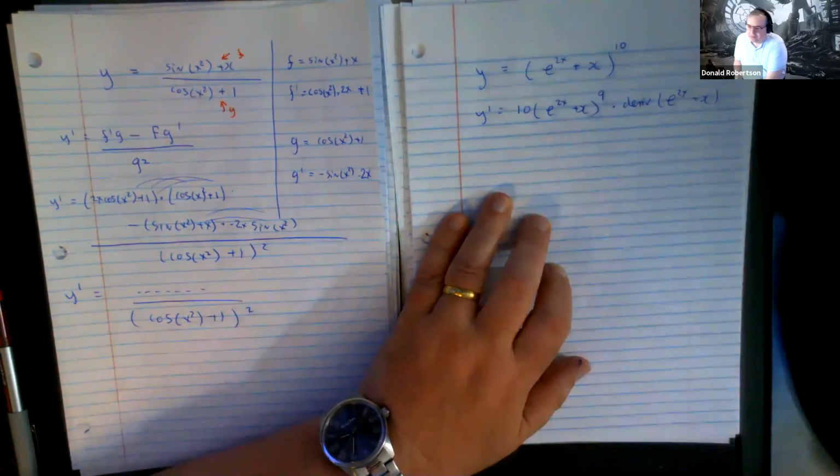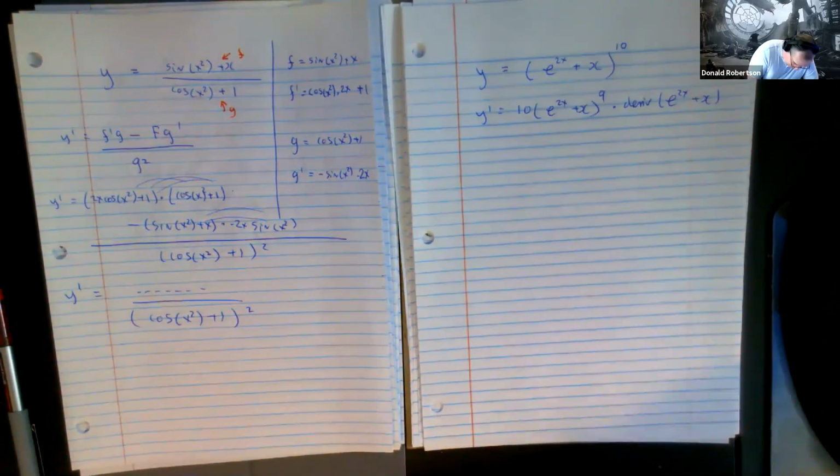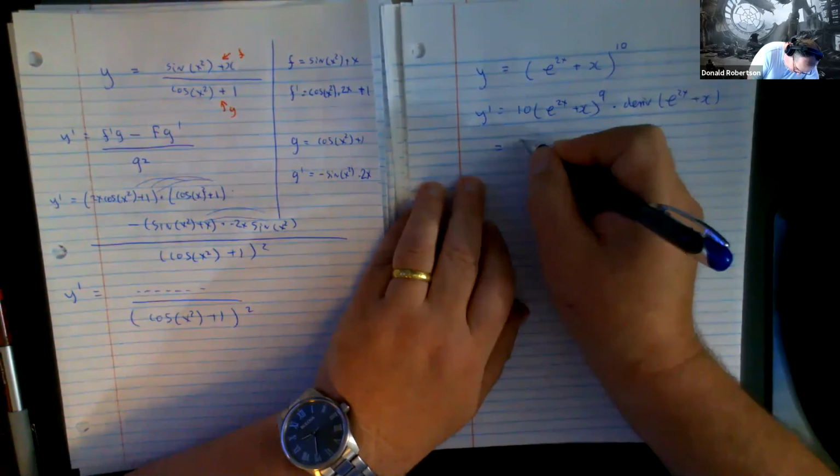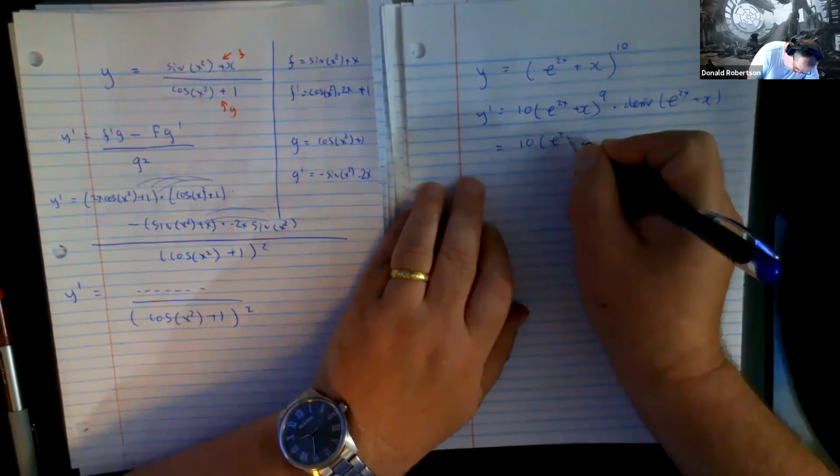I'm just writing down in English what I'm doing. So what's that get me? It gets 10 lots of this.